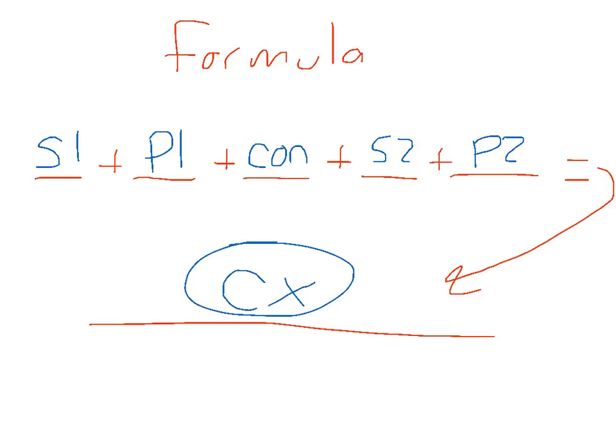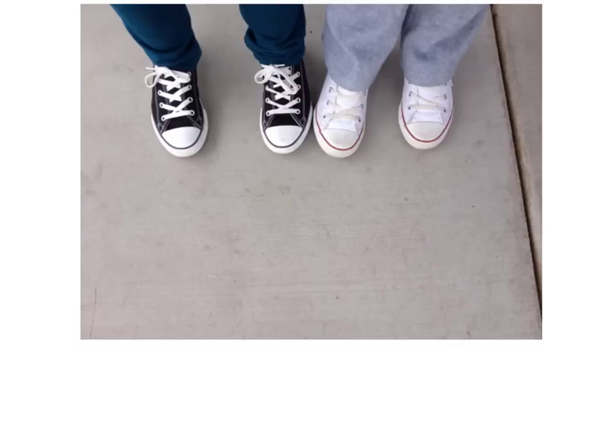And let's practice a few together. I'm going to use this photo for sample sentence 1 on the second page of your handout. Remember our formula. I need subject 1, predicate 1, conjunction, subject 2, predicate 2. Let me give you subject 1 right now. Subject 1 is going to be Mr. Krasowski. And then I need a predicate to go with the subject.